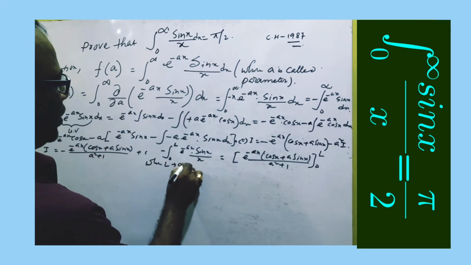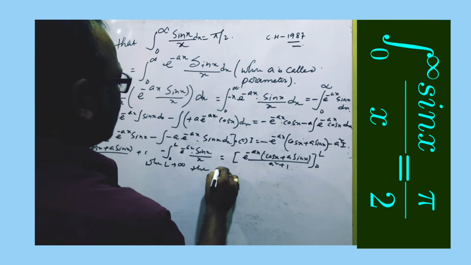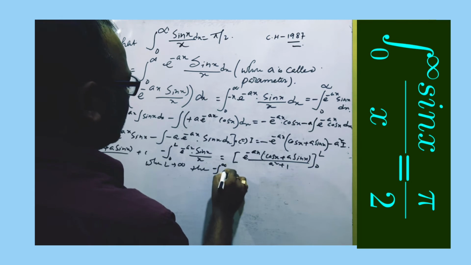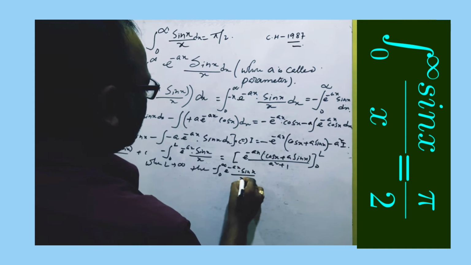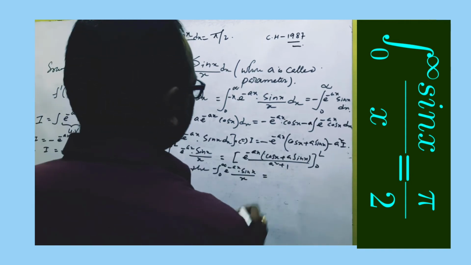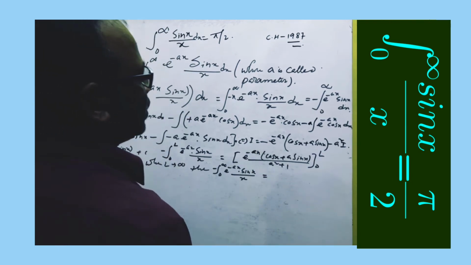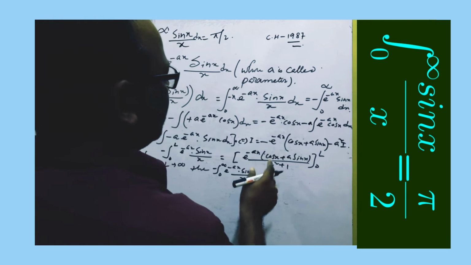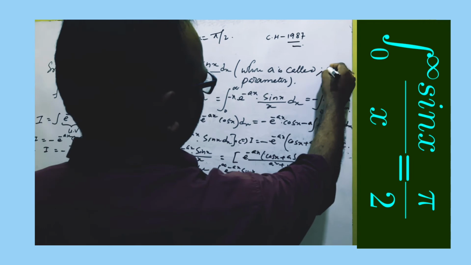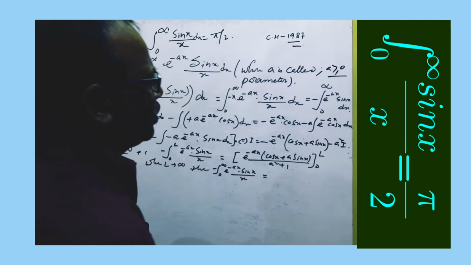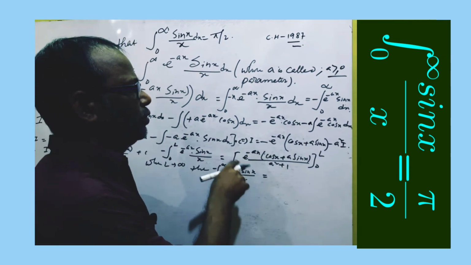When L tends to infinity, then integral 0 to infinity of e to the power minus ax sin x by x is equal to, if we put L tends to infinity, since a is a parameter and a is more than or equal to 0, if we put infinity here the whole thing is 0.